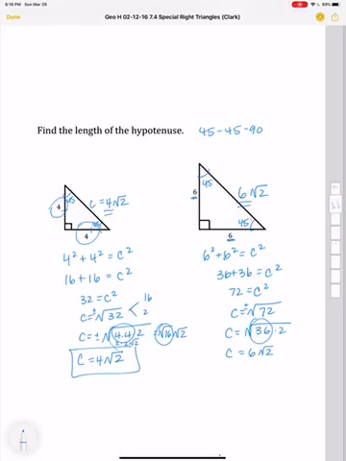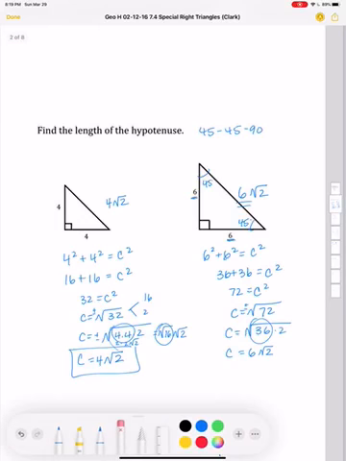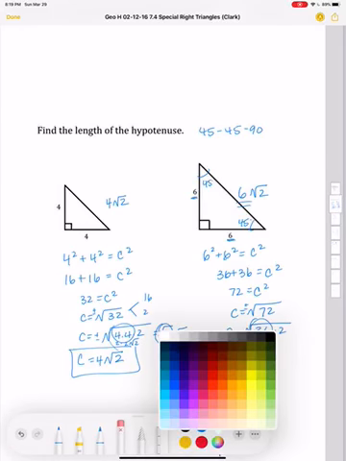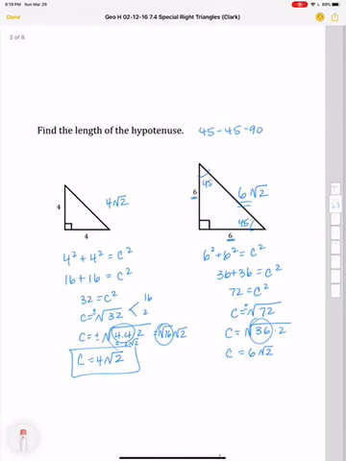I'm going to clean this up a smidge so that we can look at some relationships here. Whenever we go from 4 to the hypotenuse, we are multiplying by the square root of 2.